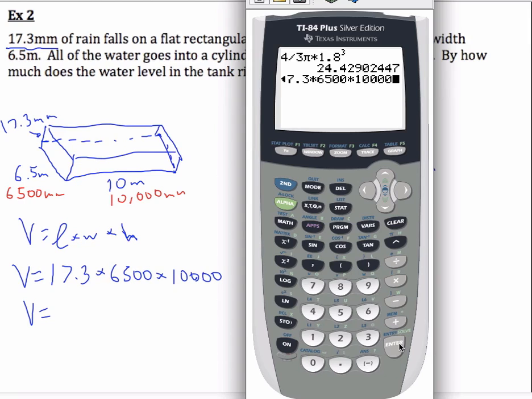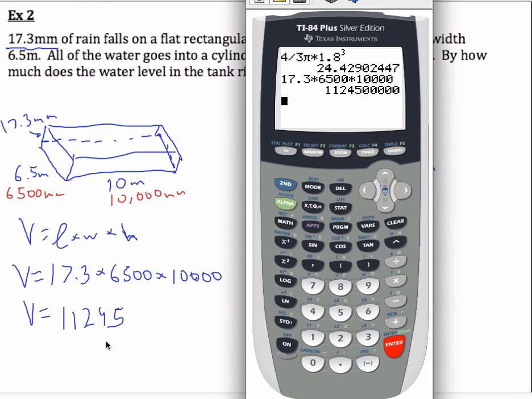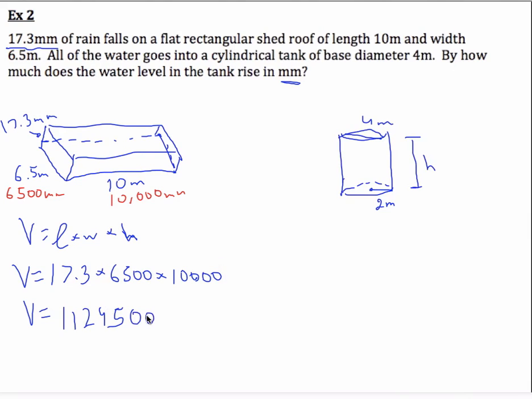Okay, got that done. I get 11245 and then 5 zeros. So it's a pretty large number because it's in cubic millimeters.